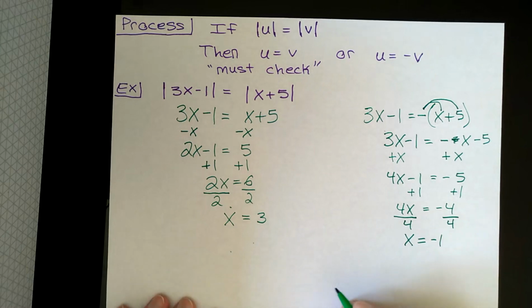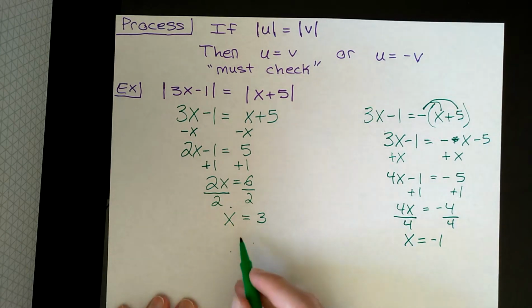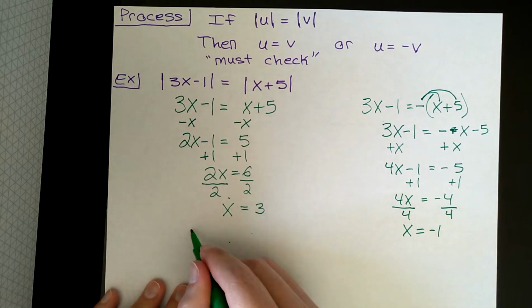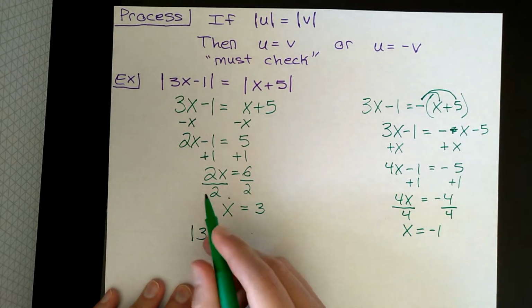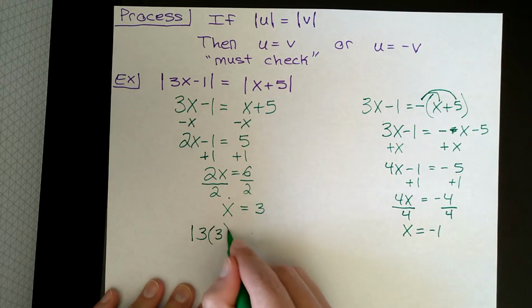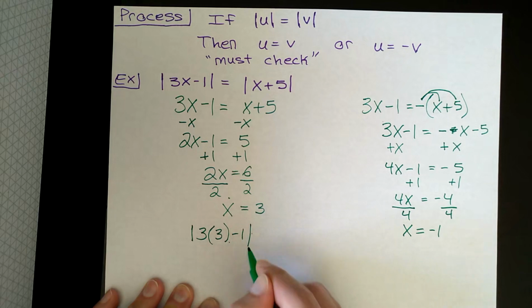But remember, we do have to check these. So checking x equals 3, we have the absolute value of 3x minus 1, so the absolute value of 3 times 3 minus 1.